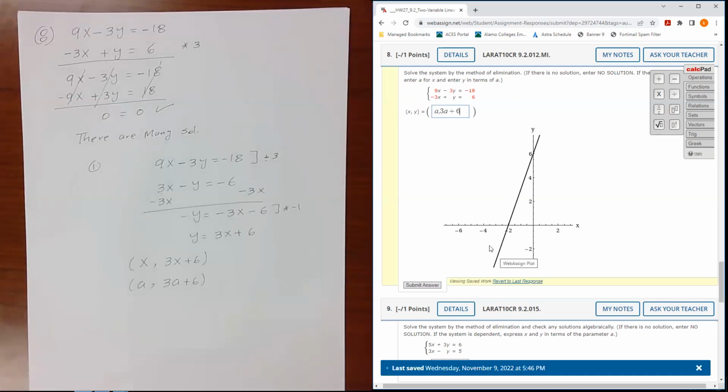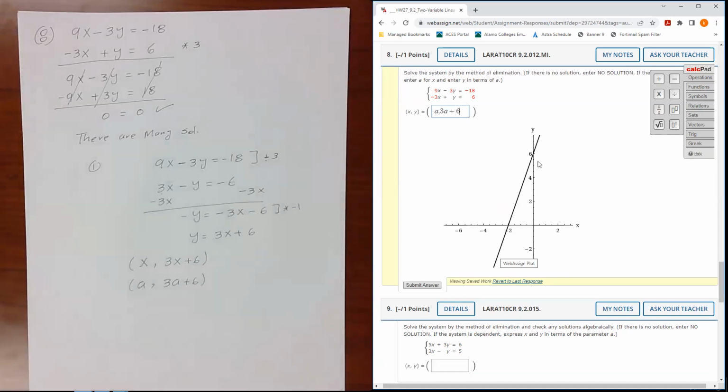So when you graph it, you're going to get two lines exactly the same. This point is going to be the x-intercept, and this point is going to be the y-intercept for both these equations. The y-intercept is (0, 6), and the x-intercept is (-2, 0).